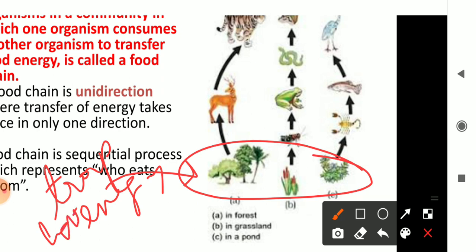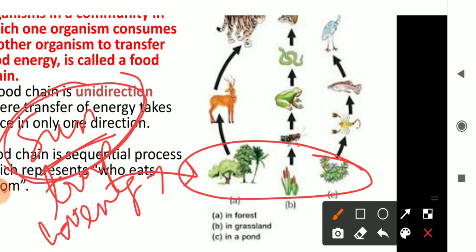So the energy provided to a food chain actually comes from the sun, because sunlight is trapped by the producer and converted to chemical energy. This energy then flows through the food chain through various levels, and this is the reason why the sun is referred to as the ultimate source of energy.